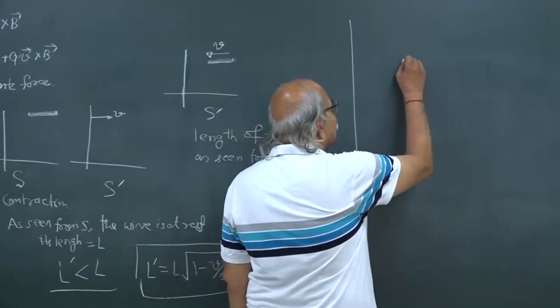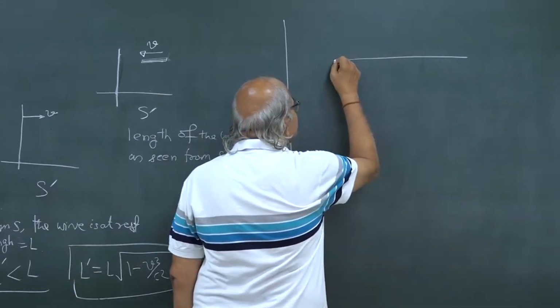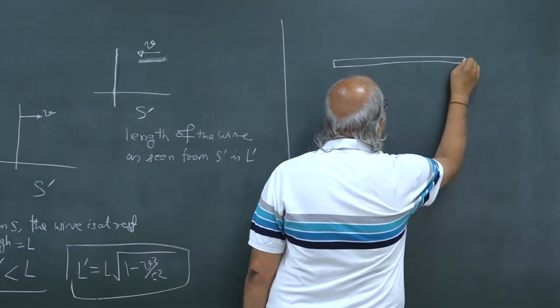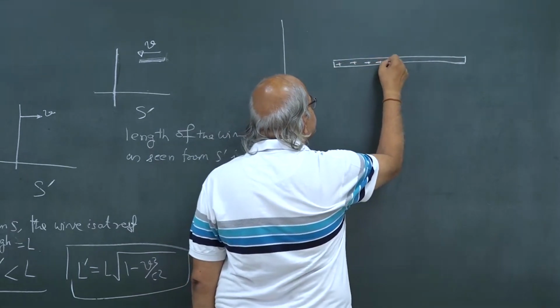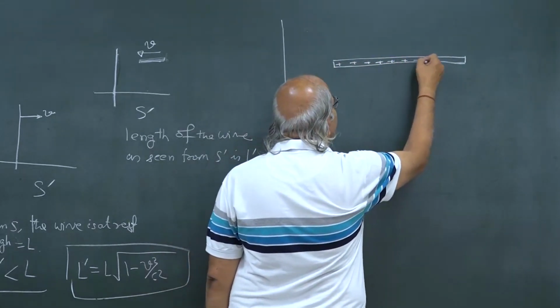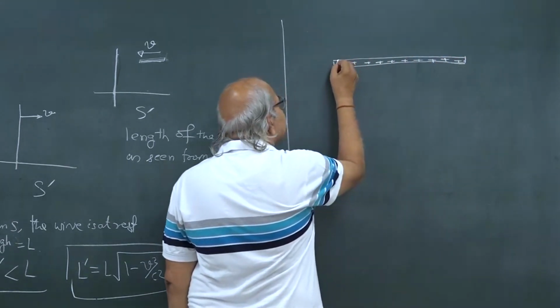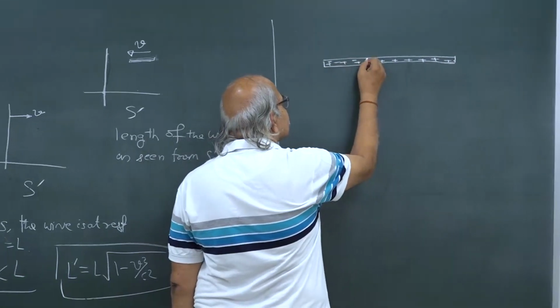Okay. So, let us suppose we have a wire in which a current is going, and how is that current going? It is a long wire, you have positive ions, and then you have free electrons.